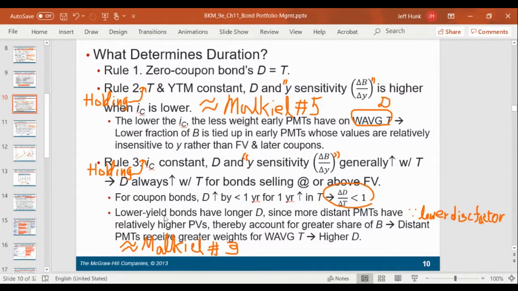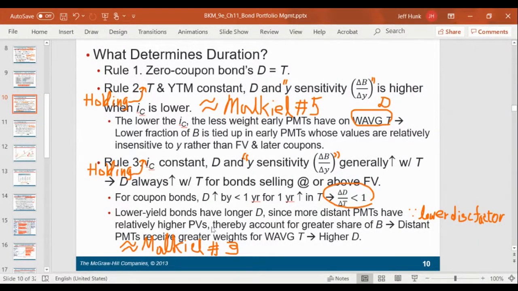Now, lower yield bond means discount rate is lower, right? Lower discount rate bonds have longer duration. Yes, you're discounting with a smaller discount rate, so obviously, working through the weighted average formula, it would result in longer duration. Since more distant coupon payments have relatively higher present values, right?